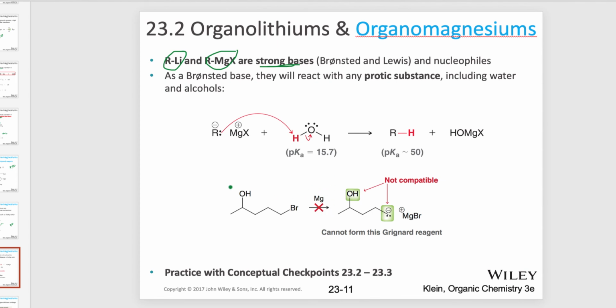We actually would have to protect the OH group first, replace the hydrogen temporarily with something else, and then later on deprotect it if we wanted to generate a nucleophilic component of this carbon-halide bond. So this is something that's very important for us to differentiate as we design syntheses and have more than one functional group present.